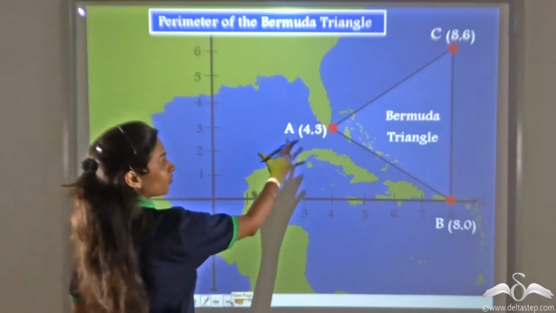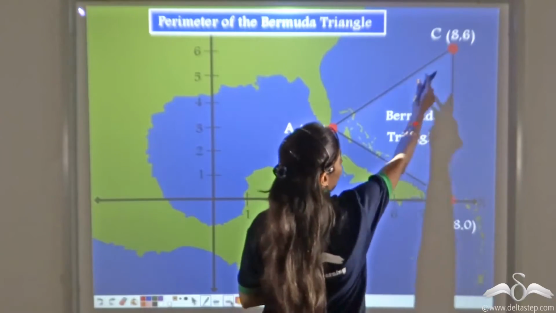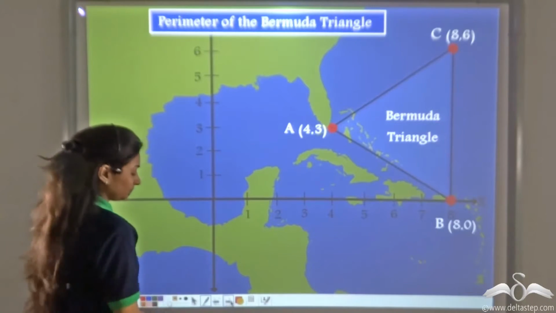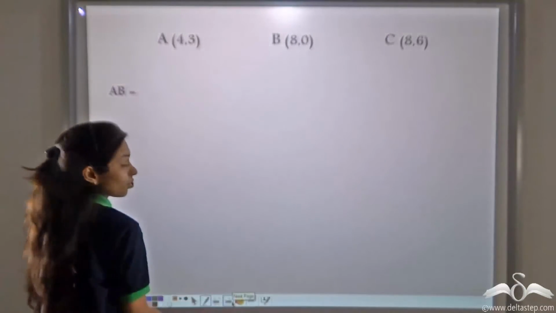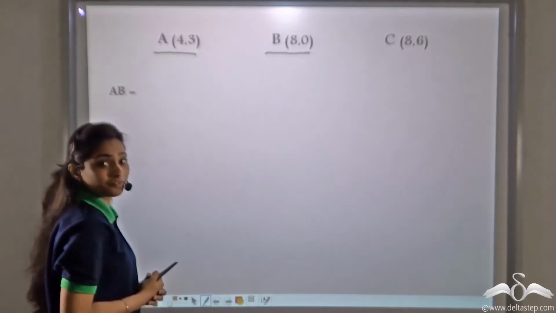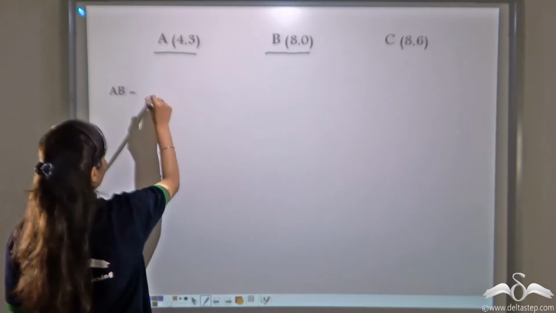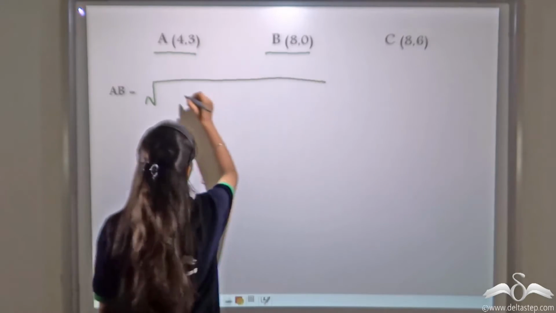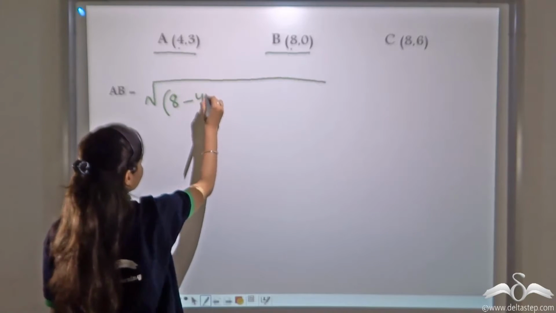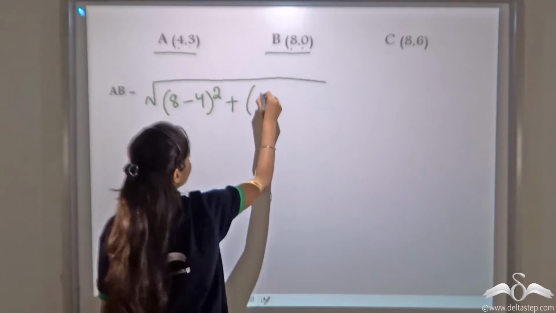Now for your convenience, we have given you these coordinates: A, that is (4, 3), B, which is (8, 0), and C, which is (8, 6). Now can you find the perimeter of this triangle? Find the distance between the coordinates A and B. Find AB yourself. Well, to find AB, we will do root over (x2 minus x1) whole square plus (y2 minus y1) whole square.